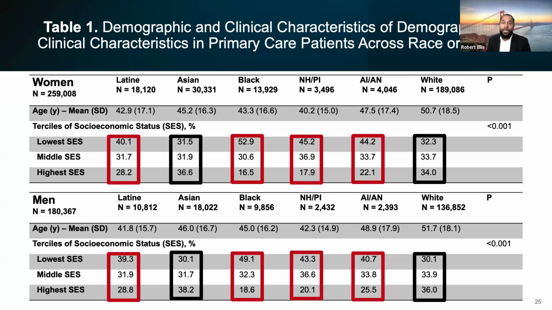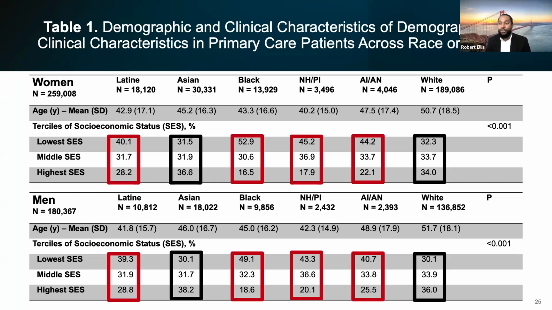And if you look at the terciles of SES, which is going to be those boxes, we'll see that Asian and white patients had a more balanced distribution of patients at each tercile of SES, and they are highlighted in the black. You will see that actually in those boxes there's a high distribution of patients in the highest tercile versus the lowest.